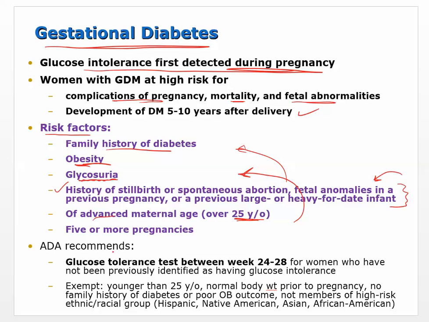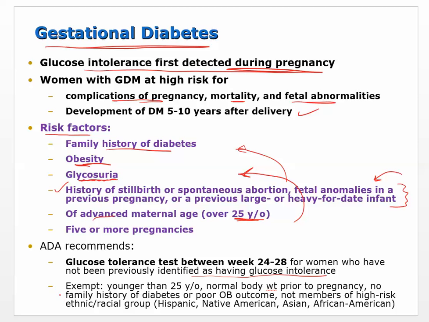And then 5 or more pregnancies, which seems like a lot. The ADA recommends a glucose tolerance test, and apparently they're recommending it for everyone, between week 24 and 28, for women who have not been previously identified as having glucose intolerance.